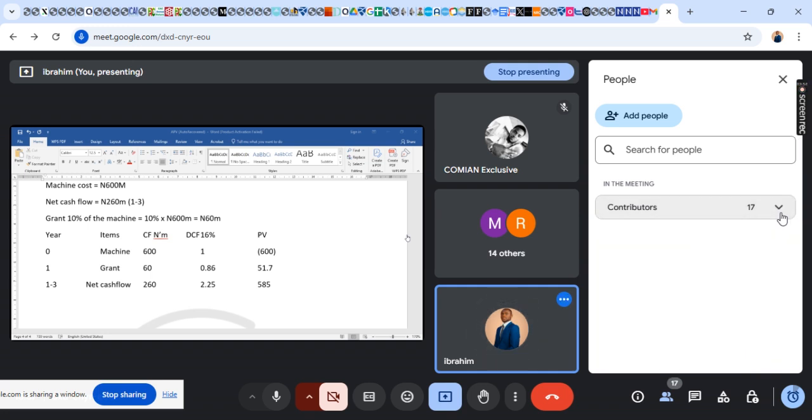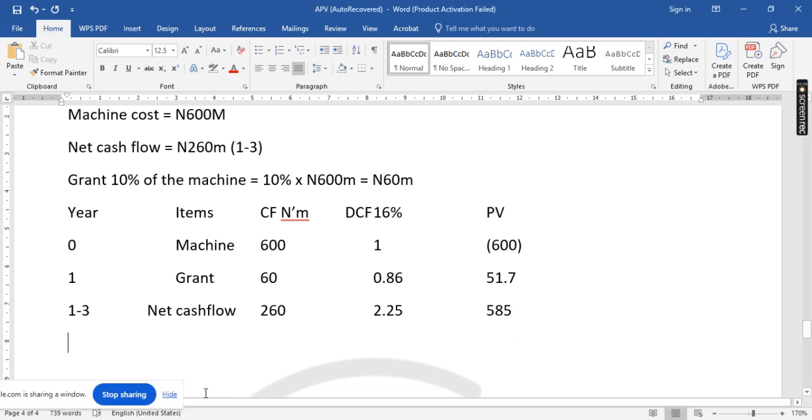Now, we have tax paid. You pay tax on this cash flow. So if I want to pay my tax, which year will I start from? Will I start from year 1? The tax is being paid in arrears. Year 2. Year 2 to year 4, right? Yes. Year 1 will be paid in year 2. Year 2 will be paid in year 3. Year 3 will be paid in year 4.